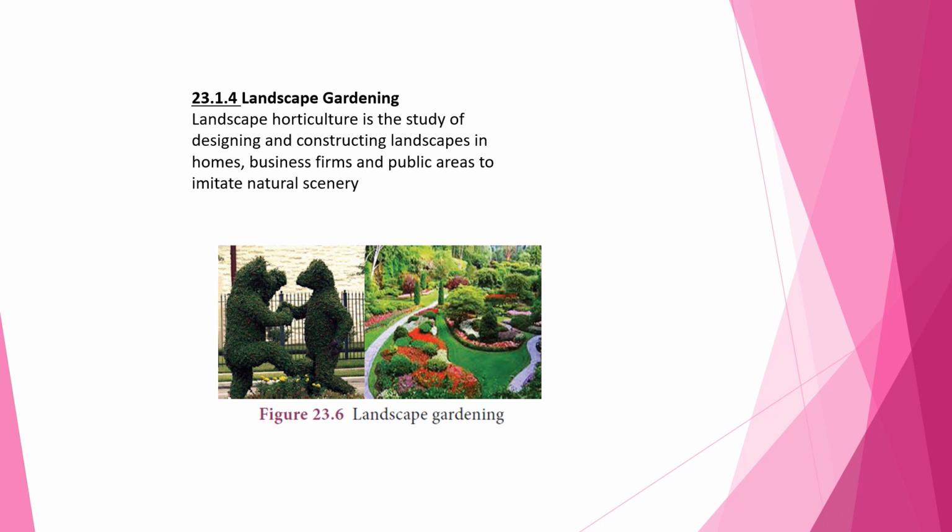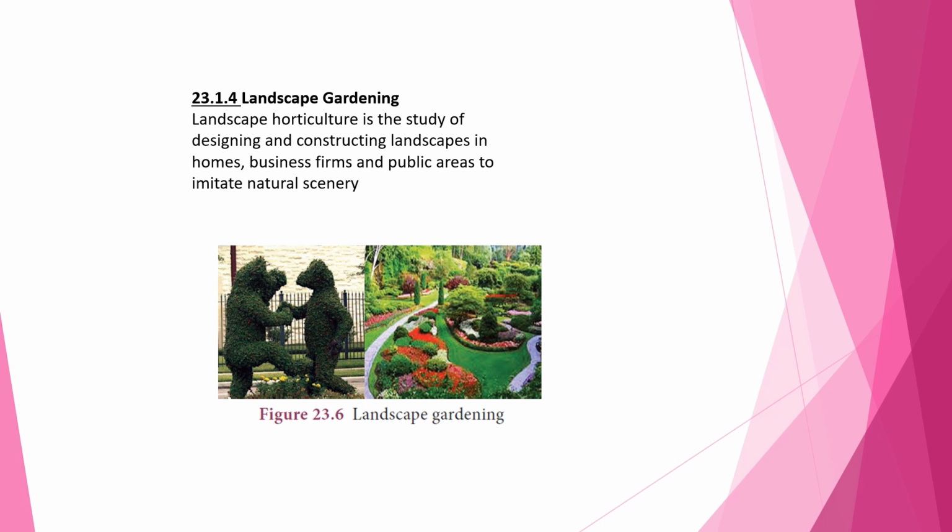And nearby, see the park. All the plants are uniform. Different plants are cut at different sizes and shapes. This is called landscape gardening. I hope you understand. So landscape horticulture is the study of designing and constructing landscape in home, business, farm and public areas to imitate natural scenery. I hope you understand.